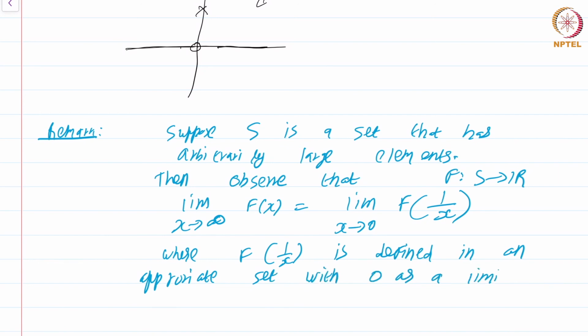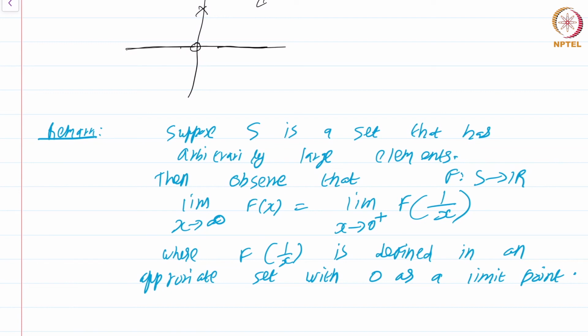Now I'm intentionally skipping the details. Let me just write x going to 0 plus. That's what relates the whole thing. You can view limit x going to infinity as the right hand limit of a slightly different function defined using reciprocals. It's a function f of 1 by x.